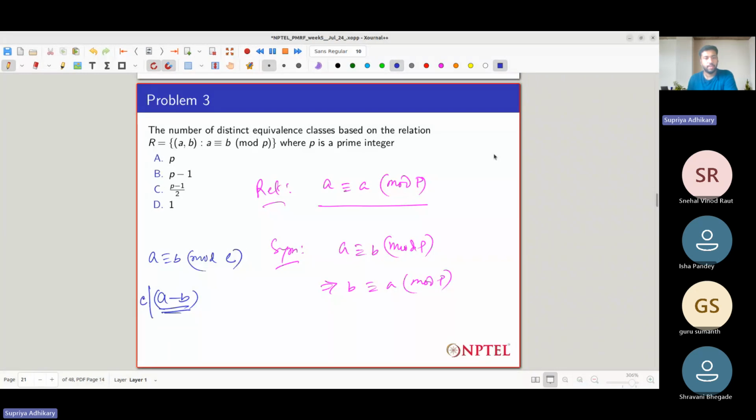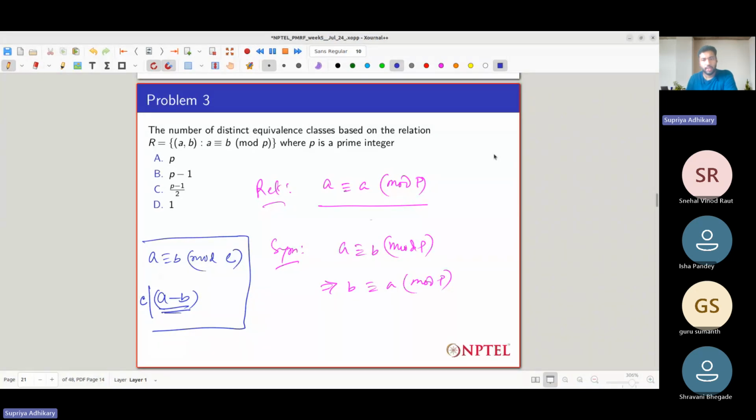So c divides a minus b. So this is what we mean by this statement, a congruent to b mod c. Now, if we consider a congruent to a mod p, that means that a minus a is always divisible by any integer p, since this is 0. So therefore, we can say that a is congruent to a mod p for any a.